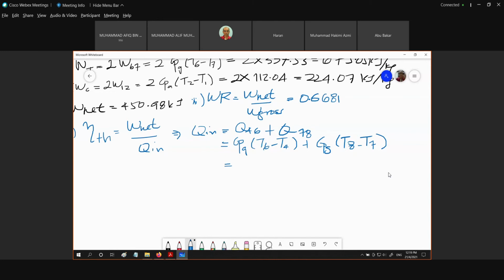Okay, how much is that? If you calculate individually, give me the figures individually. Give me the Q46 first and then give me the Q78.